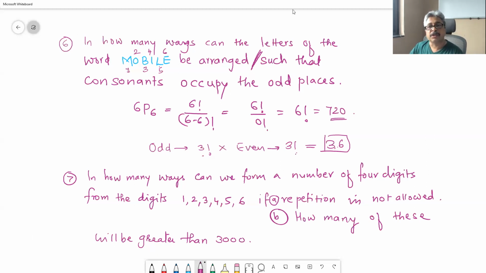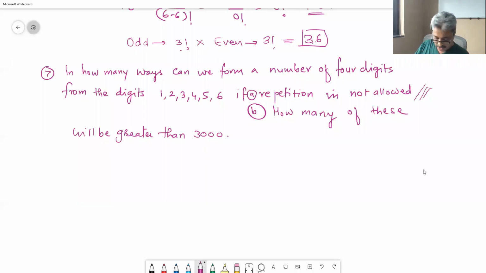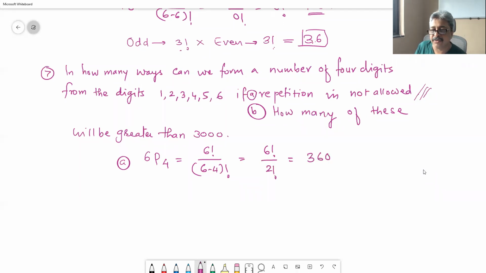Sure, show me your answer. If we have 6 digits and we have to choose 4 out of 6, the answer for A is 6P4, which is 6 factorial upon 6 minus 4 factorial, which is 6 factorial upon 2 factorial. The answer is 360 ways.